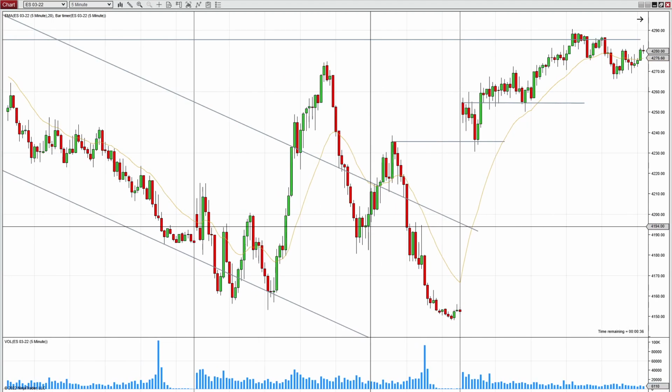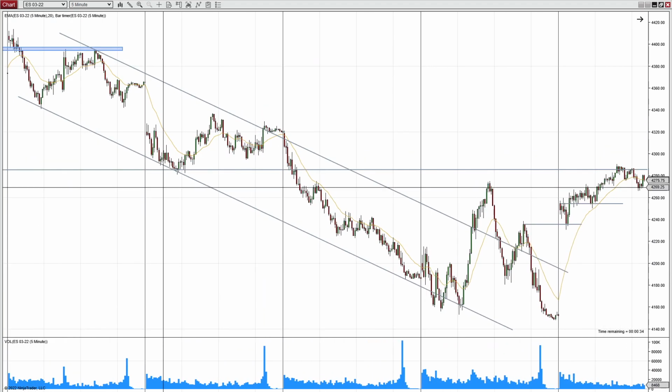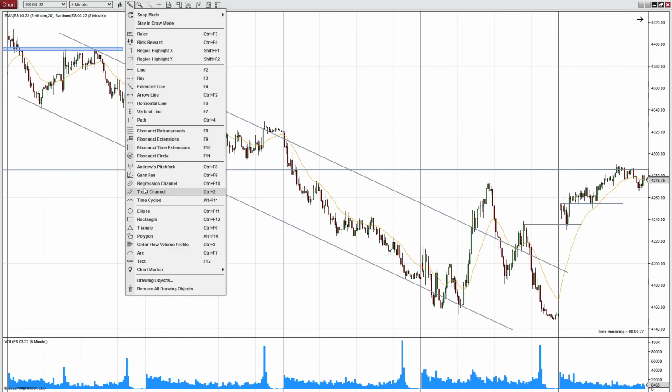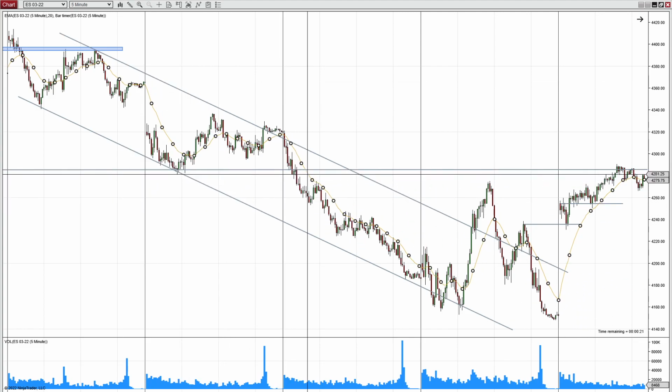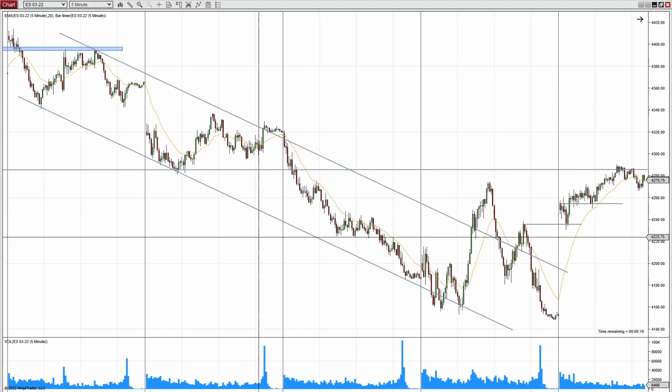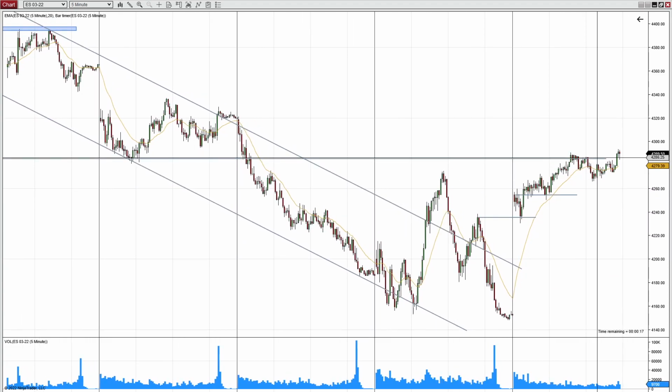It failed to fill several days ago, this gap. So there was this gap here, from here, this one. So it did manage to fill this gap here. So we'll see how high the market can go.